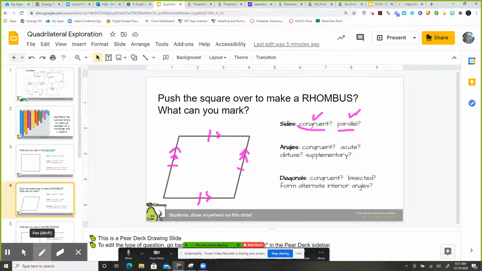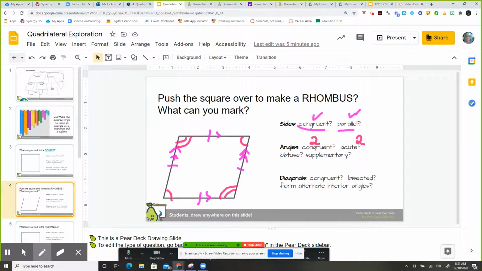So how many acute angles are there? 2. And how many obtuse angles are there? 2.